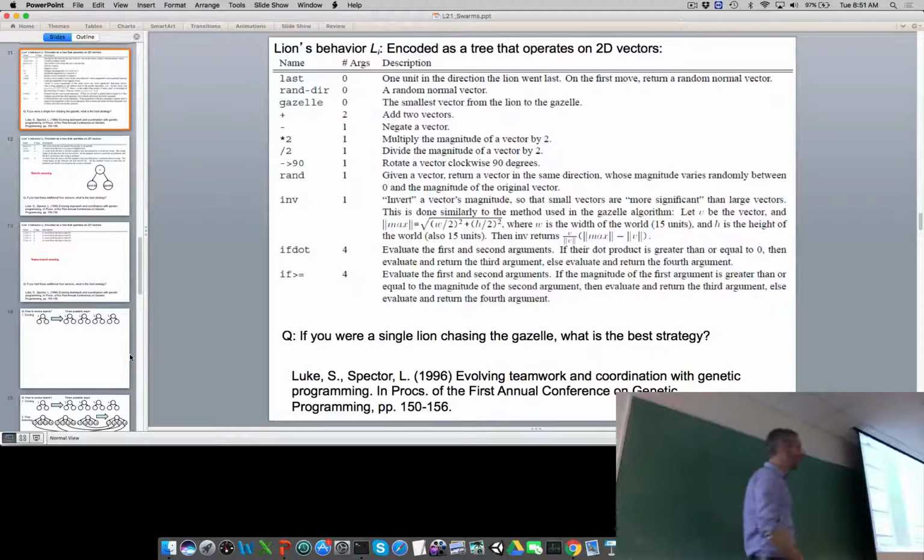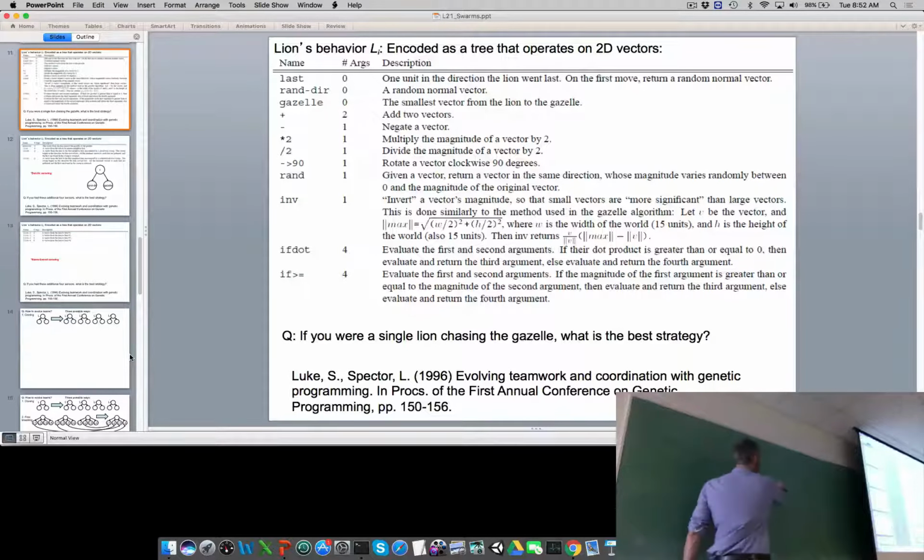Okay, so I think you get the idea, right? We're creating these trees at random, and then we're going to evolve these trees. So perhaps these lions do slightly better than lions that just have this node. They're still not going to do very well, but maybe they do slightly better. So this tree survives, and the other tree, the one node tree made up of gazelle, dies off.